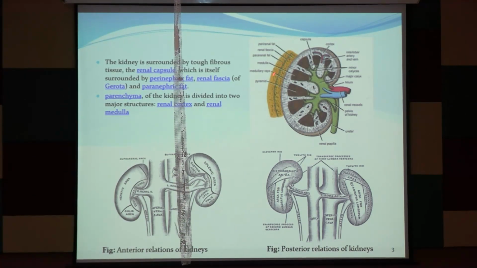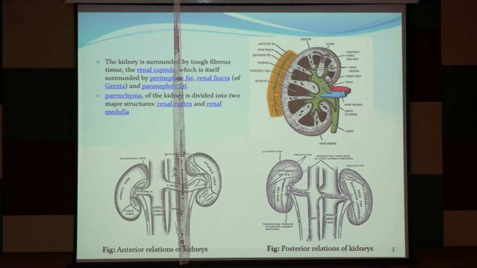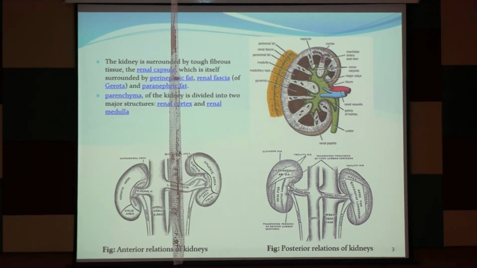We can see a green line that is separating these two yellow fats. One is the perinephric fat, the other is the paranephric fat. Anything which is outside the Gerota's fascia is the paranephric fat. If a tumor is entering this area, it is already an advanced condition. A tumor that is entering this area has a higher stage, and a tumor confined to the kidney has an even lesser stage. That is why this particular diagram is an important one.